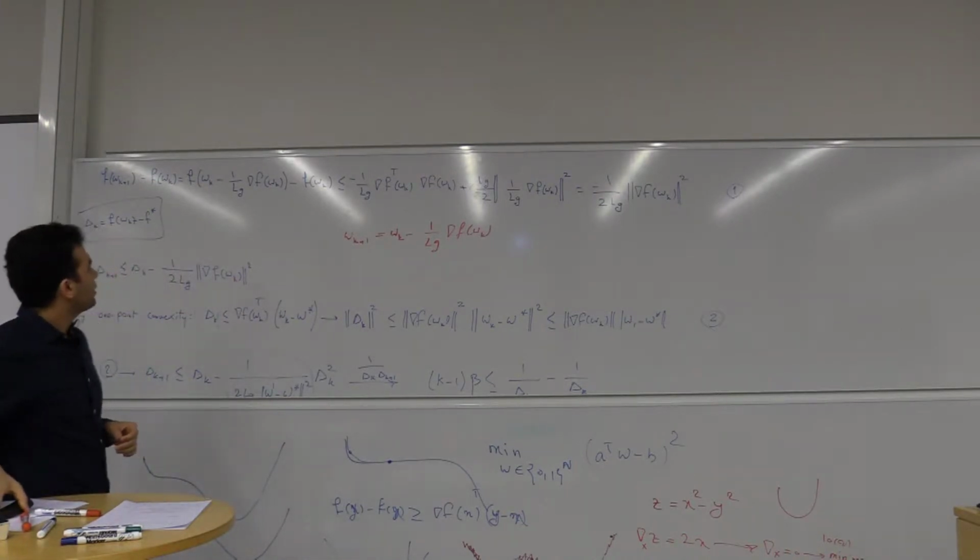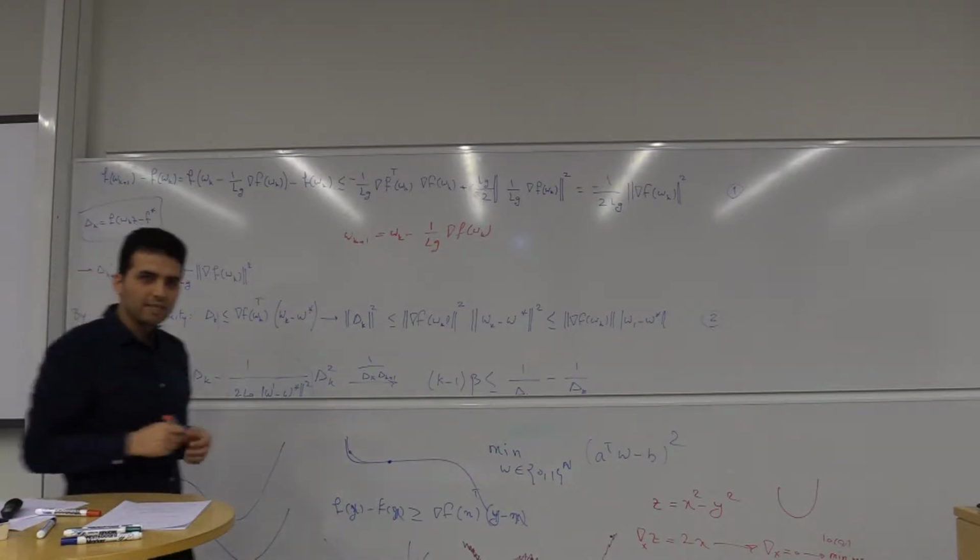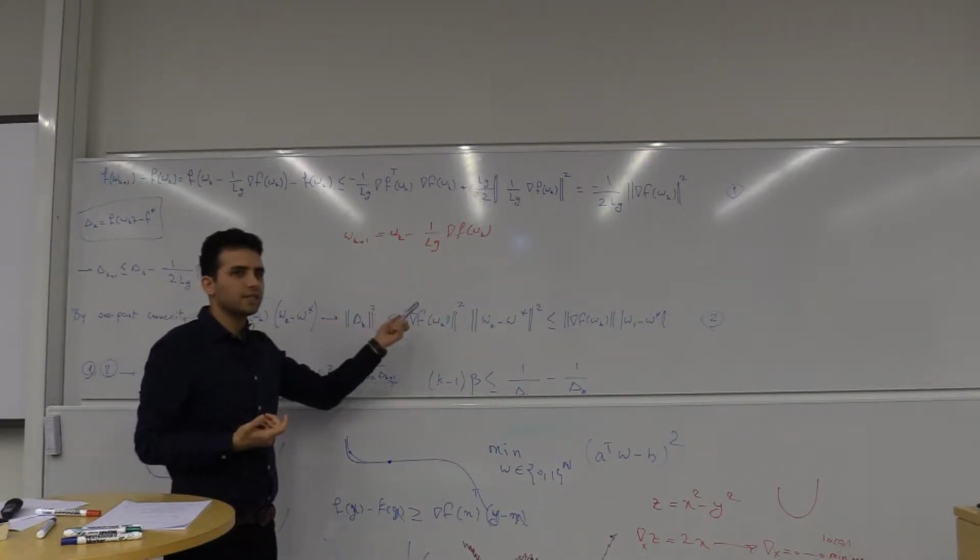And with that update, the only assumption that we have is that the function, of course, by definition, is L_g smooth, right?